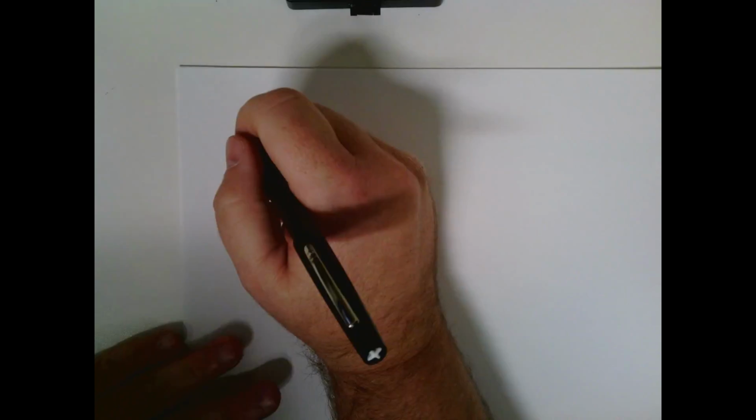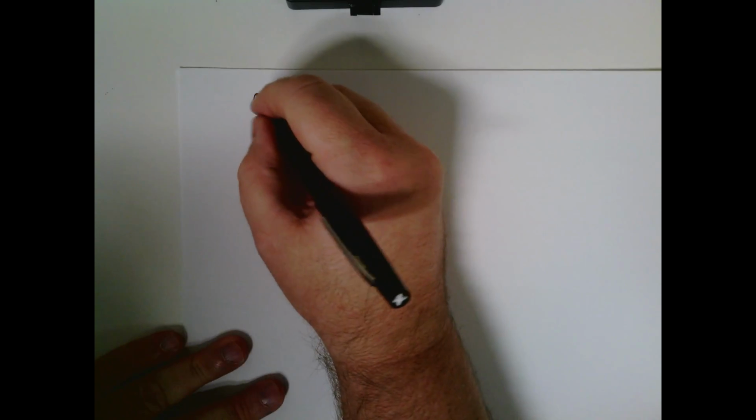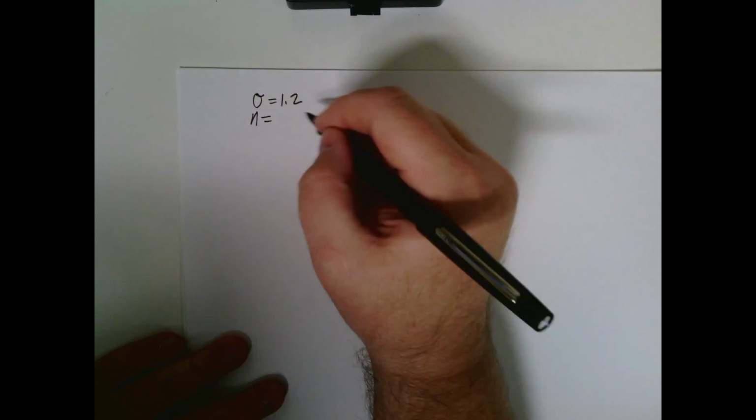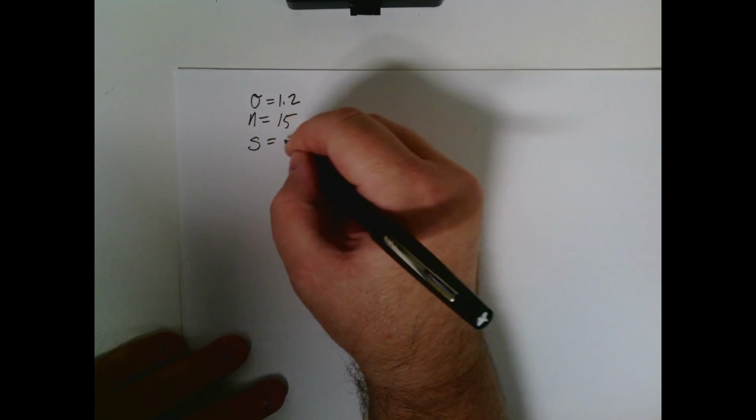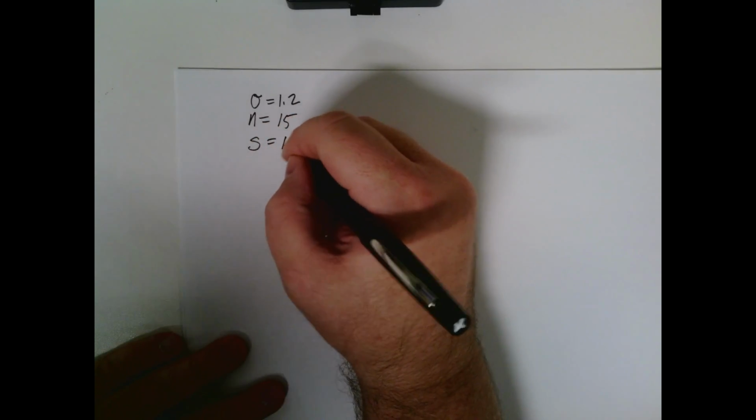Okay, so what did they give us? They gave us sigma 1.2 and n, the size of the sample, 15, and the standard deviation of that sample, s, which was 1.8.